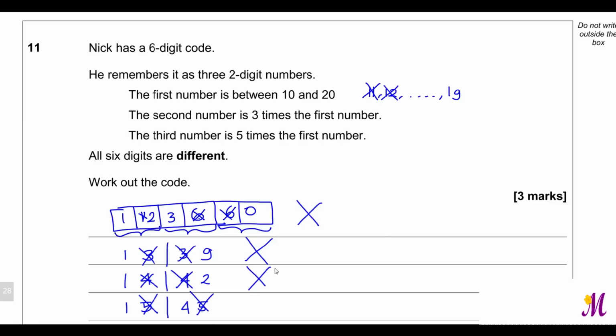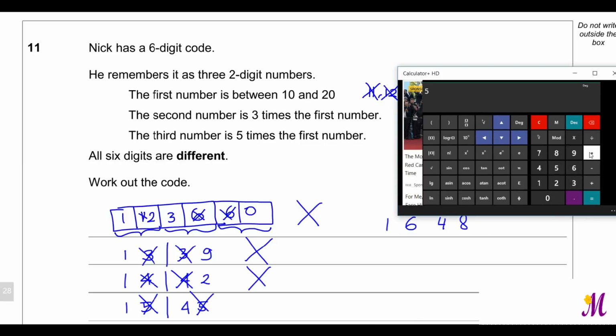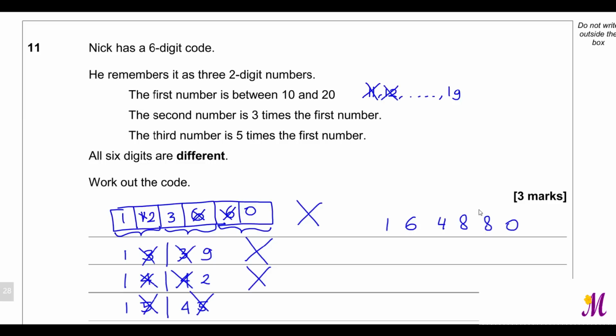Again, let's try with 16. 3 times 16 is 48. So we have 48. So far so good. And then 5 times the first number. Let's use our calculator. 5 times 16, we've got 80. So 80 here, and this is not possible. The 8 can't be repeated. What about 17? 17 times 3 is 51.